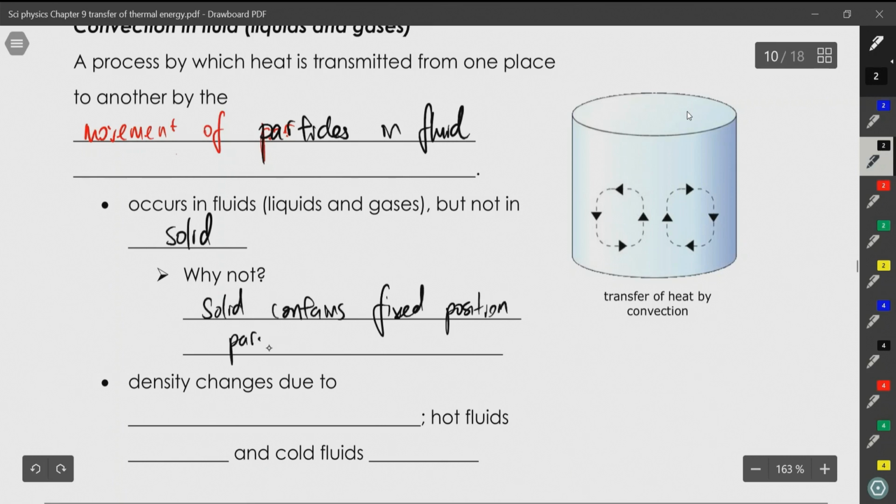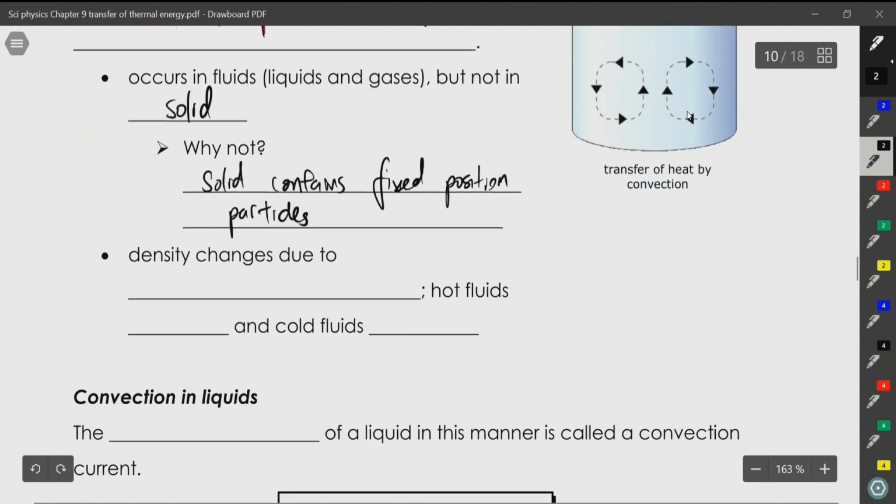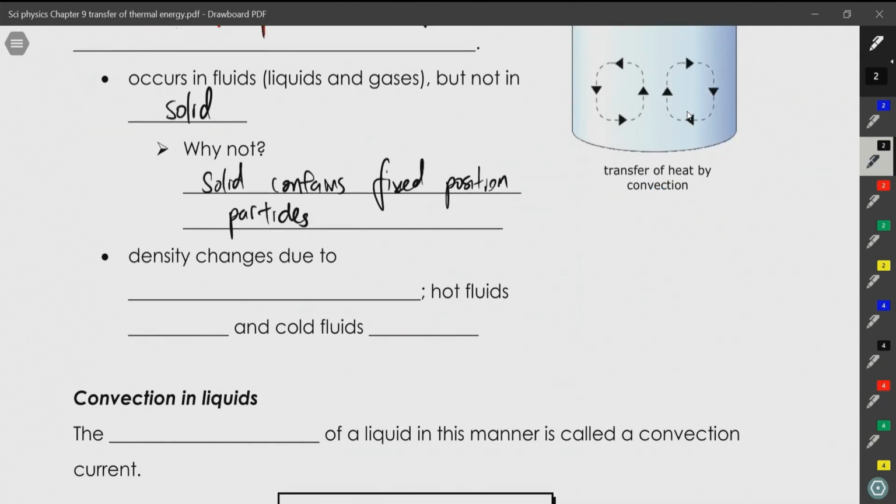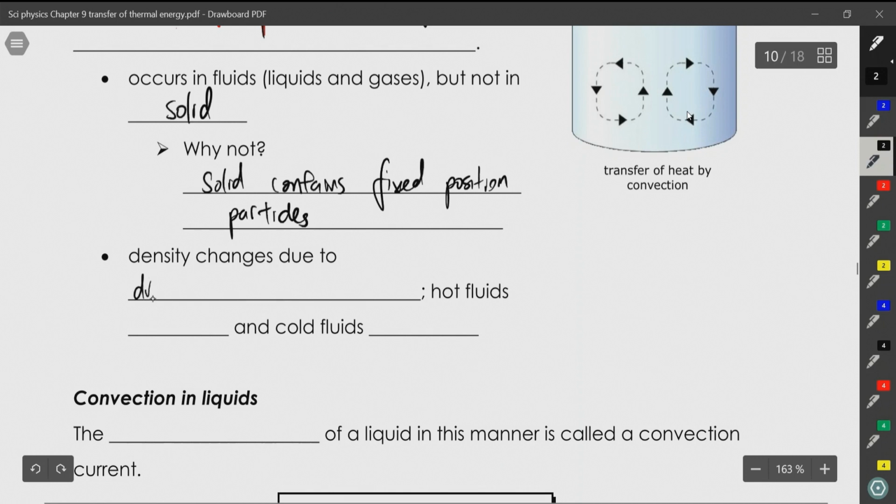Now density changes due to differences in distance between particles. Hot fluid rises while cold fluid sinks.